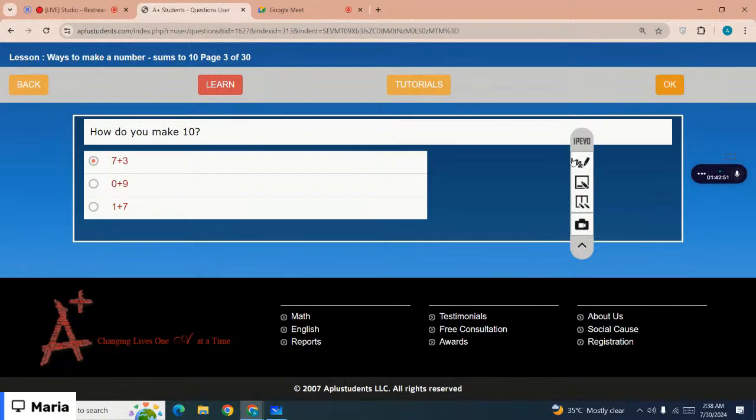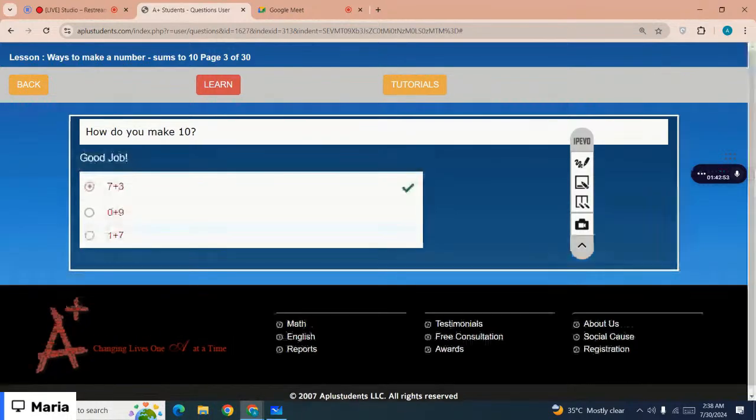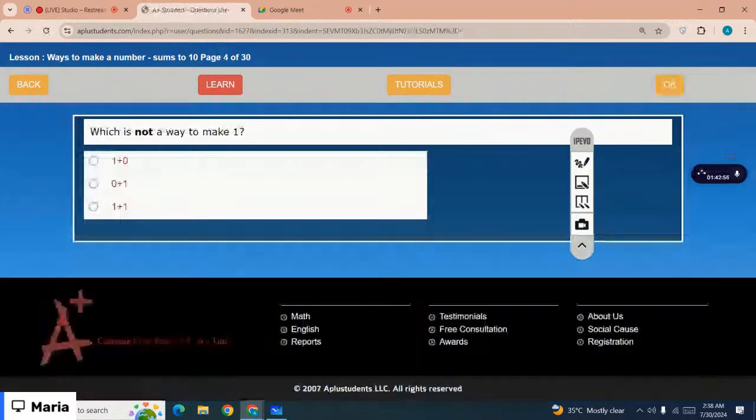Option number 1 is the correct option. Which is not a way to make 1?